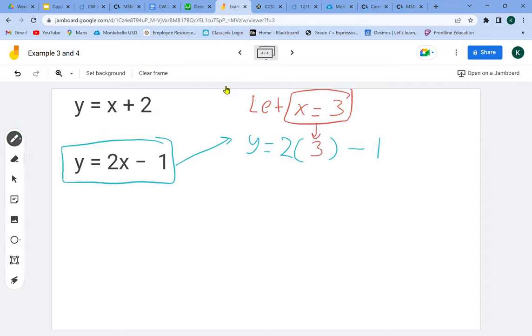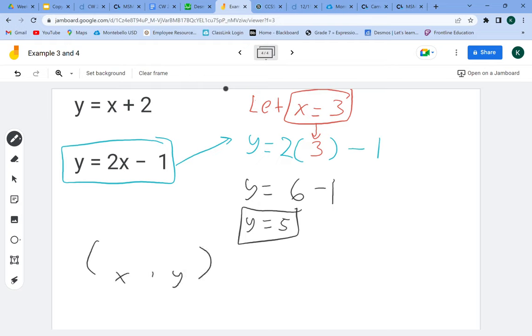Then I go ahead and work things out. So I have y is equal to 2 times 3 is going to be 6, and then I bring down the minus 1. Then 6 minus 1 is going to be 5. Okay, now I could make my ordered pair. Here's my x value, here's my y value, so I have 3, 5.